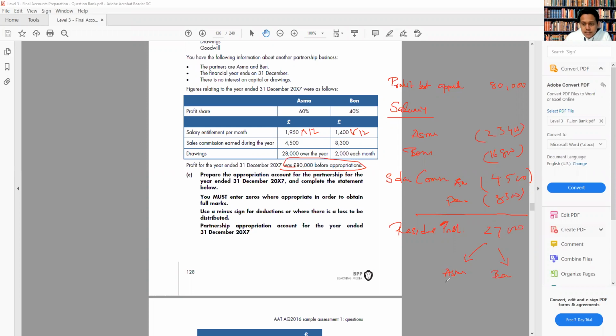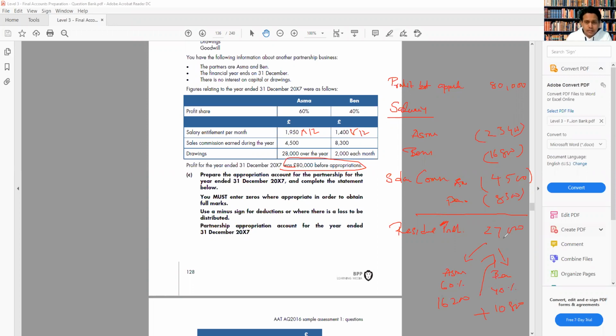So Asma is 60%, Ben is 40%. So how much is the 60%? We have Asma, that is 16,200. And for Ben, how much is it? 10,800. If I add these two, it should be 27,000.